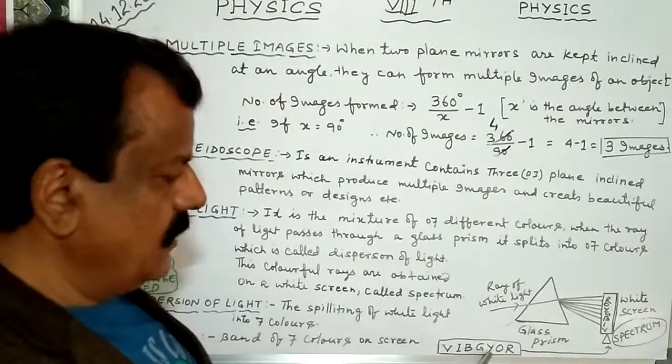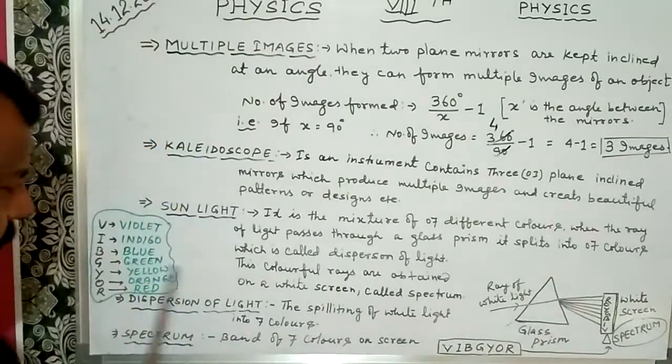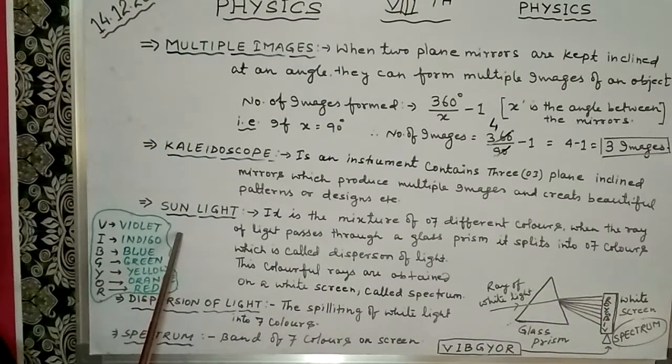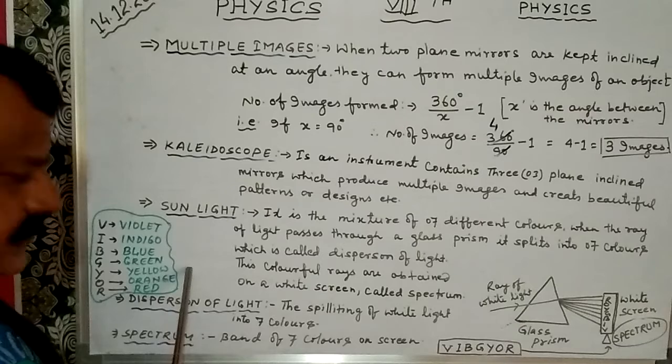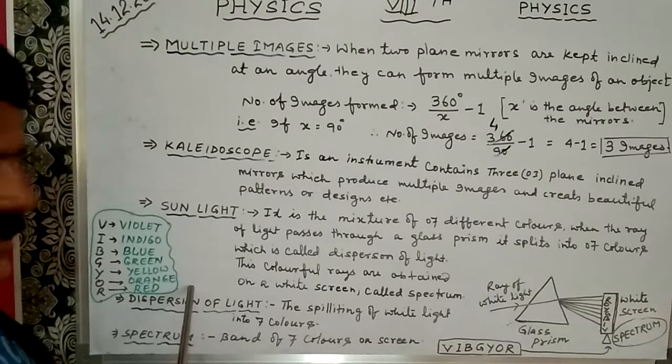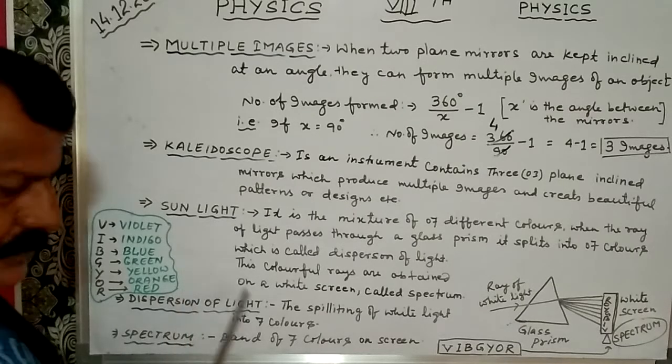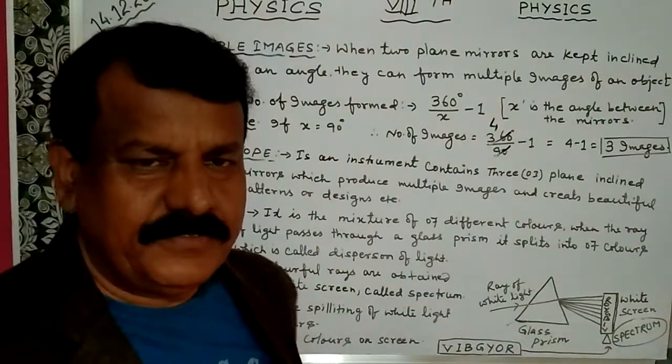The full form of the colors is here. V for violet, I for indigo, B for blue, G for green, Y for yellow, O for orange and R for red. So these are the 7 different colors.